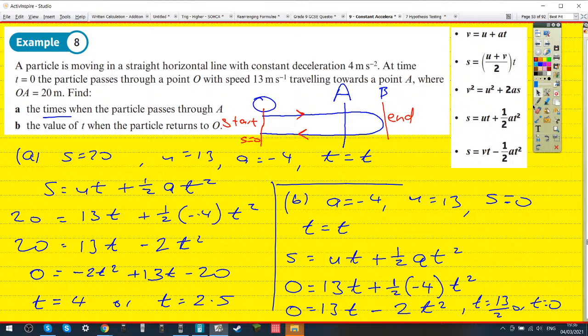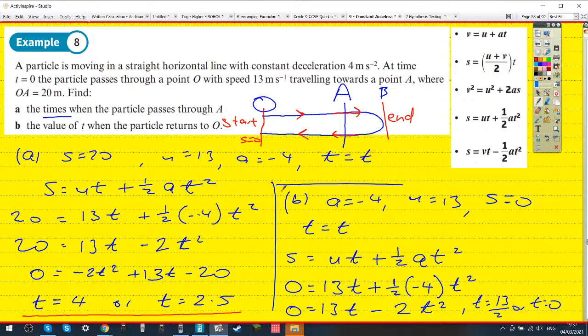So we said it passes through the point A when T is 2.5 seconds and 4 seconds. What is the difference between the times? Would it be 0? No. Difference between when it passes A one way and passes A the other way.